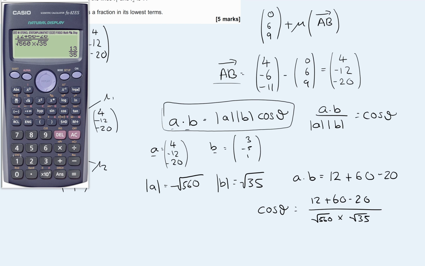Now, because we've put it into our calculator, that 13 over 35 is the fractional value of cos theta in its lowest terms. So that's a simplified fraction there for us. So 13 over 35 is the first 5 marks for this question. So what I'm going to do now is clear ourselves a bit of space, but keep this working here in case we have to refer back to it later in the question.